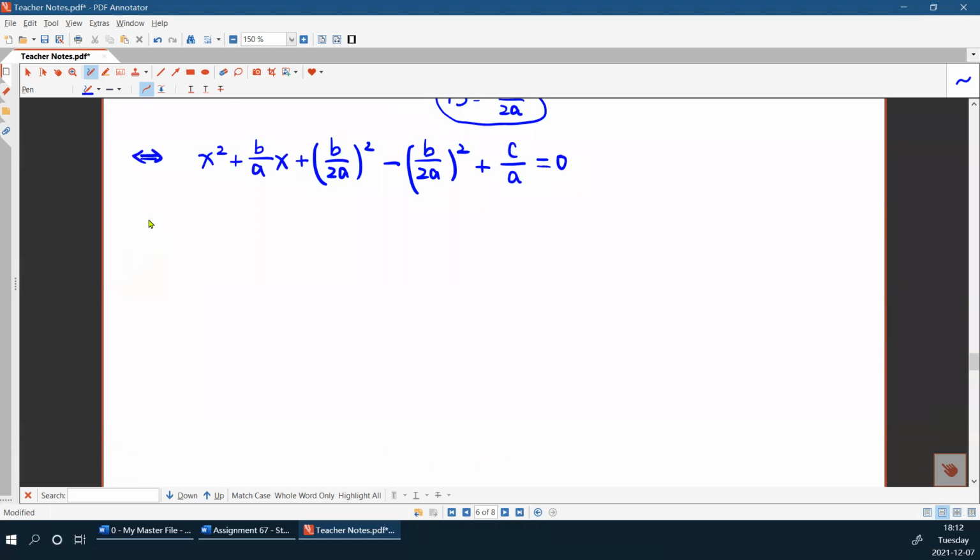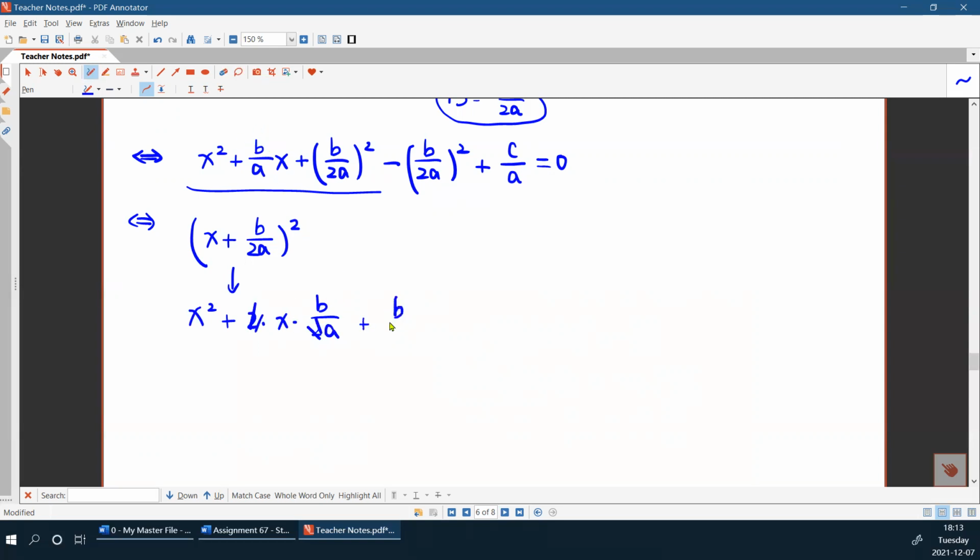Now you can see here, the first three terms are a perfect square, which is x plus b over 2a, squared. If you verify this, it is x squared plus 2AB, where 2AB is 2 times x times b over 2a, which is b over a x, the term in the middle.